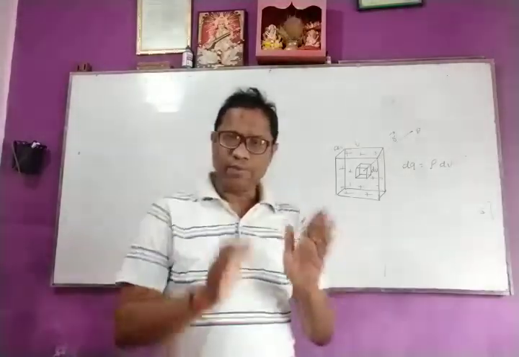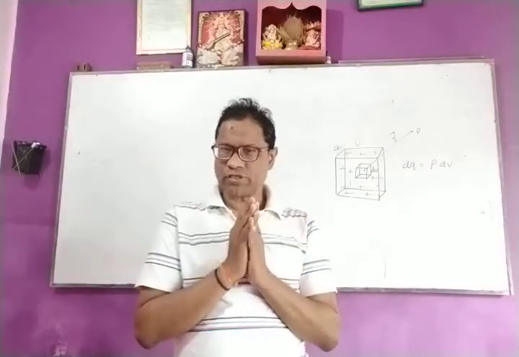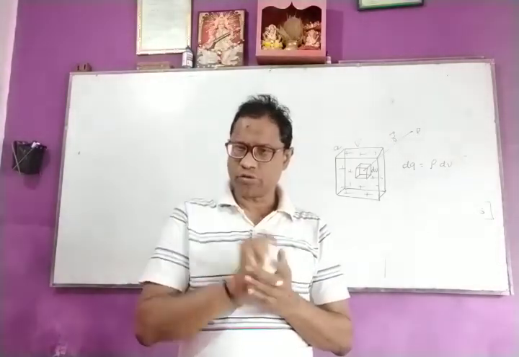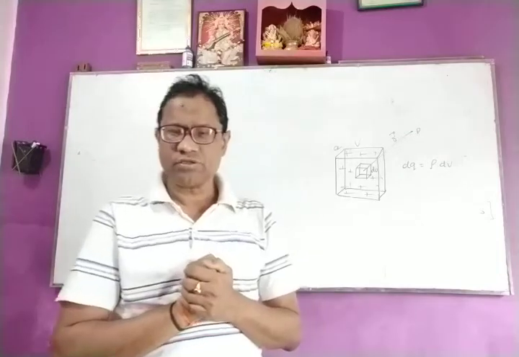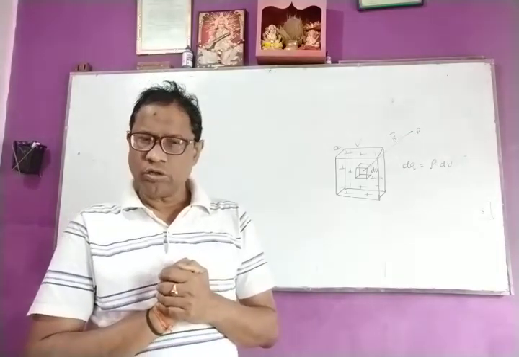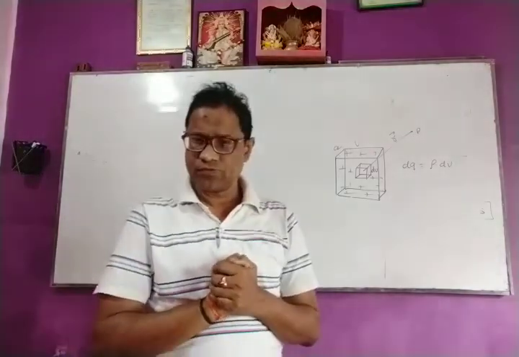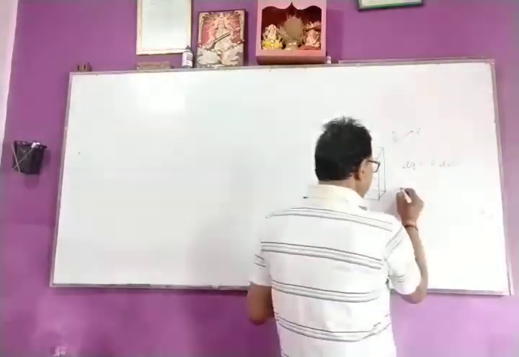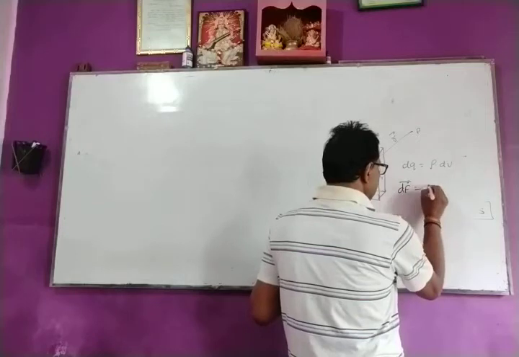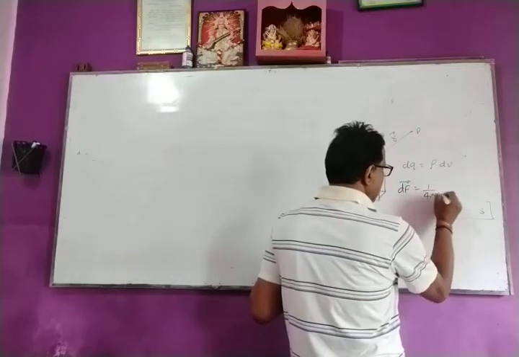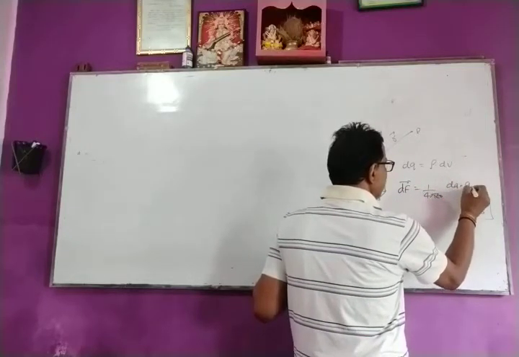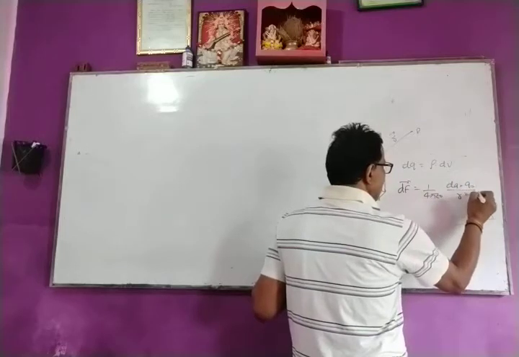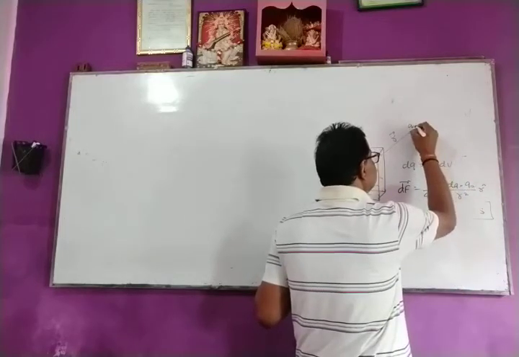Clear? Now electrostatic force acting on q naught due to the charge on the element. So similarly we can write dF is equal to 1 by 4 pi epsilon naught dq into q naught by r square into r cap.